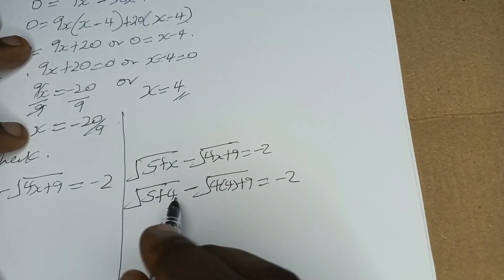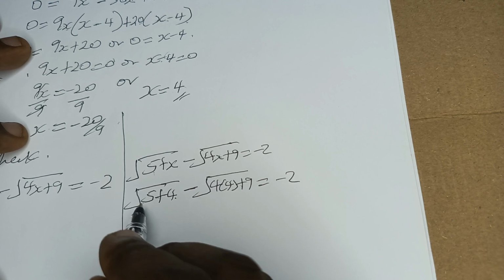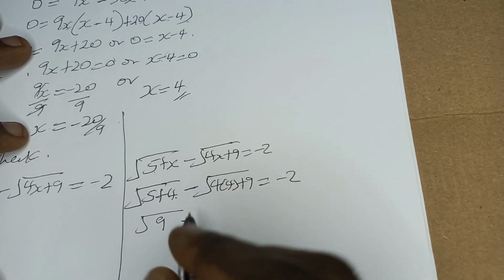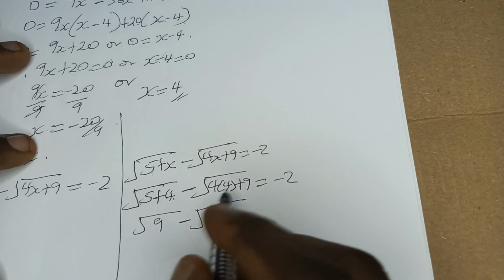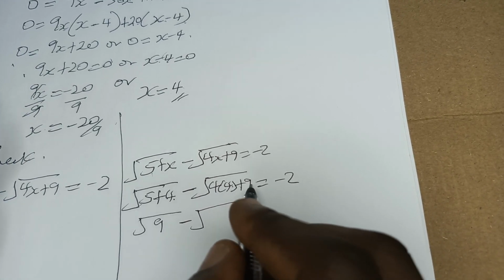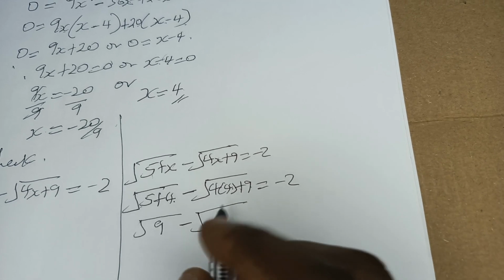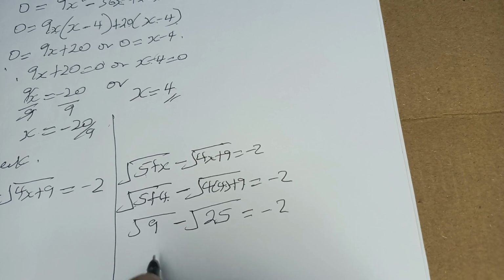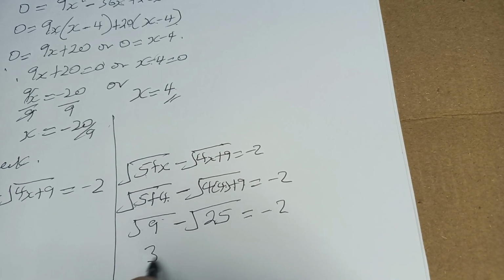Let's see. 5 plus 4, sorry, that's 9. So root of 9 minus, 4 times 4 is 16, so 16 plus 9 should give us 25, is equal to minus 2. So root of 9 is 3, root of 25 is 5.